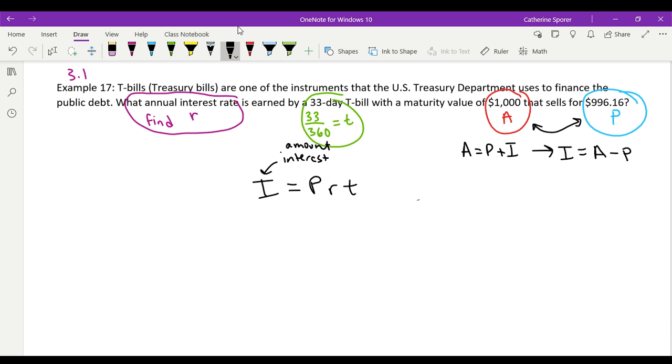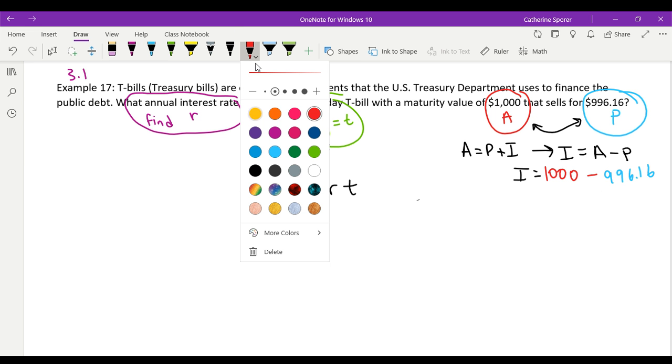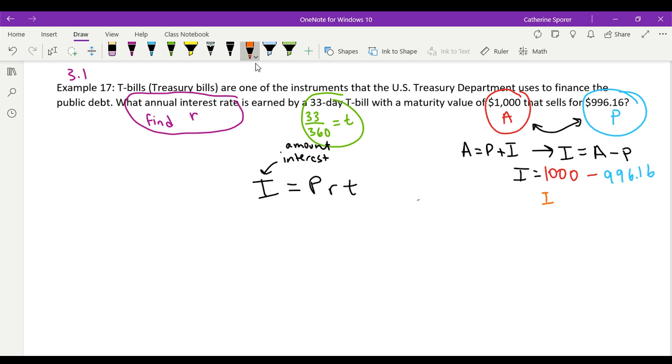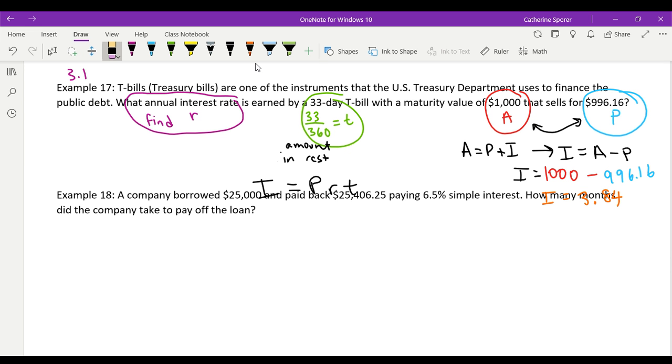So here we could do that the interest is 1,000 minus 996.16. So that would give us that the interest is $3.84.